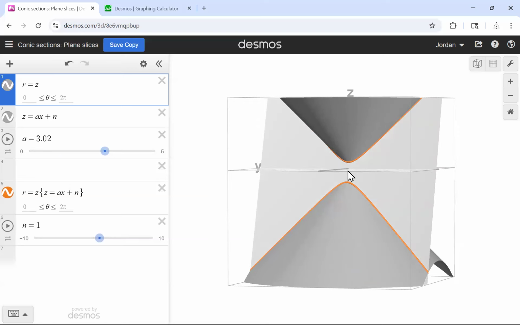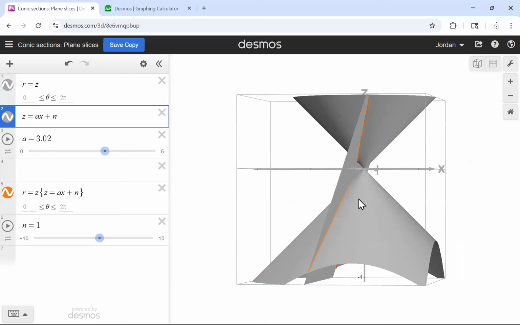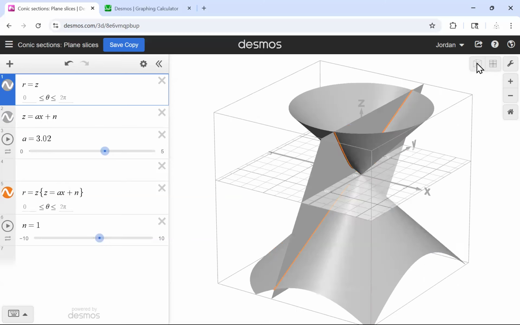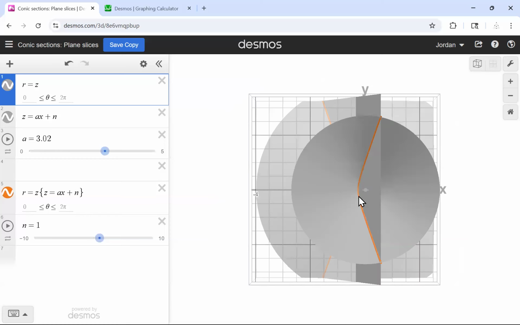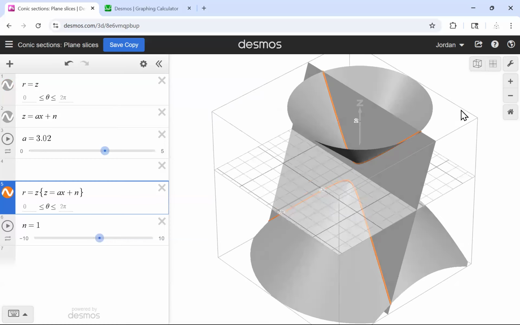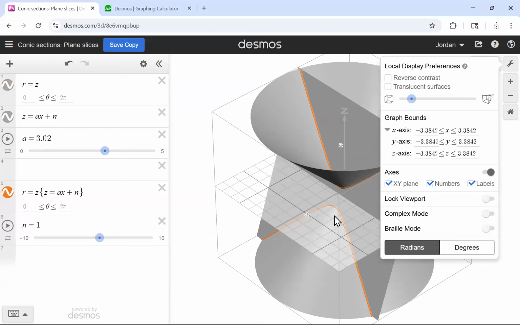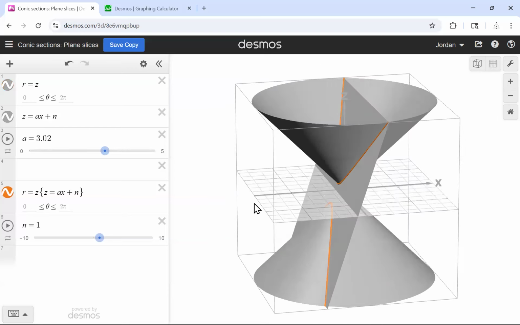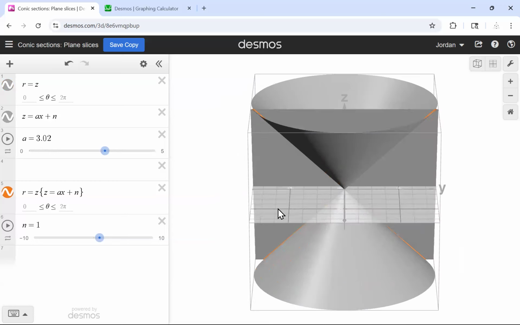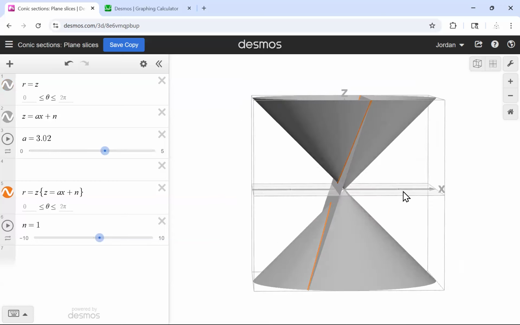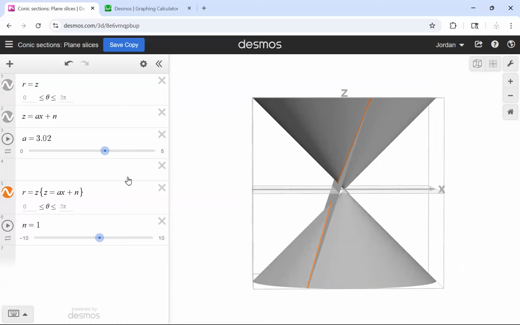Okay. Now, I say all that to say that all of these things are showing that the eccentricity is related to how this plane cuts the cone. If the slope of that plane is 0 in the xz direction, then we get a circle.